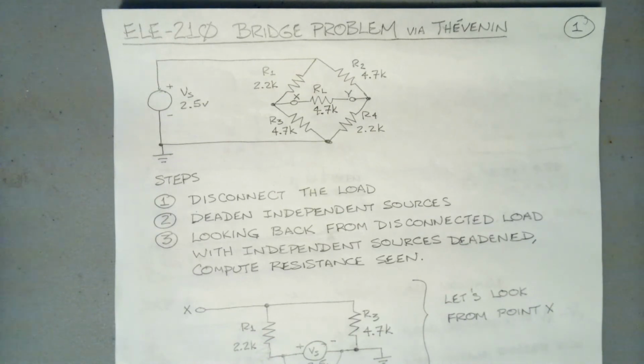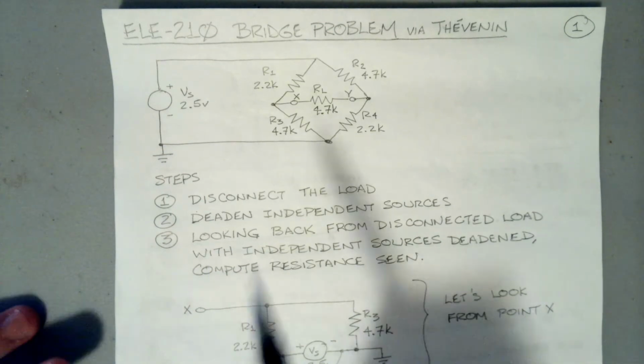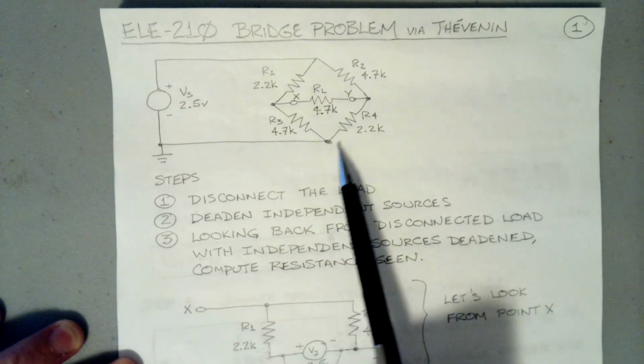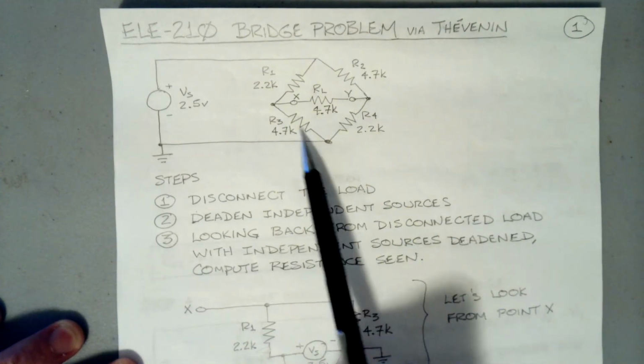We're going to use 2.5 volts so that we can use our A down 1000 or M1K, whatever you want to call it, to actually build this. But we have a circuit here which we cannot solve with our regular total resistance method because we have two loops here, and we'd have to use some kind of simultaneous equations.